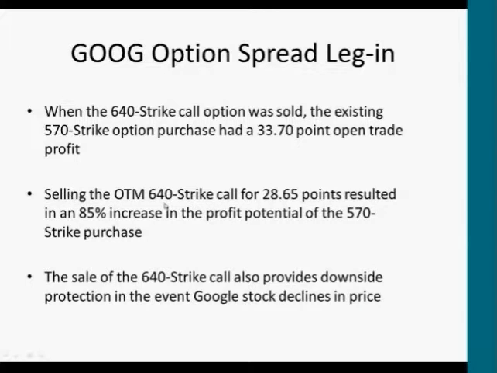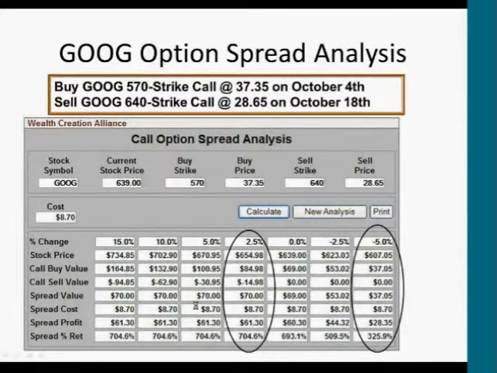So now when I sell that out of the money 640 strike call, that increased this 33.7 profit, increased that profit potential by 85%. So I not only increased my profit potential, but I also provided downside protection in case Google goes down in price. So it's a good way to trade in difficult markets.